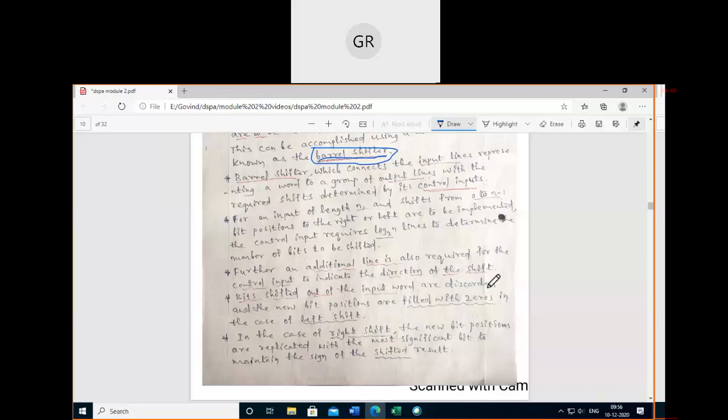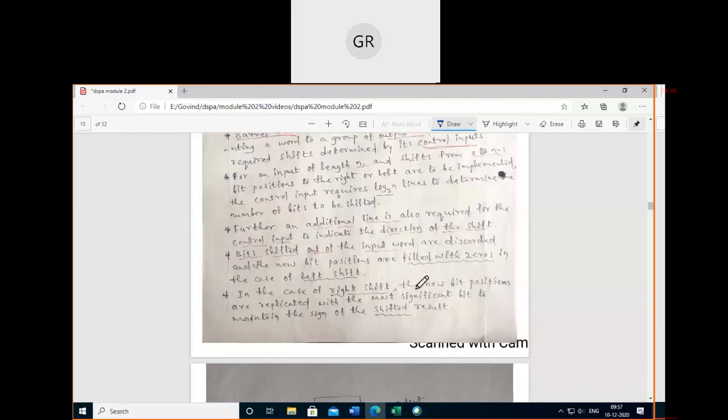So one part indicates how many bits are to be shifted, and the control input also indicates which direction to shift, either right shift or left shift.